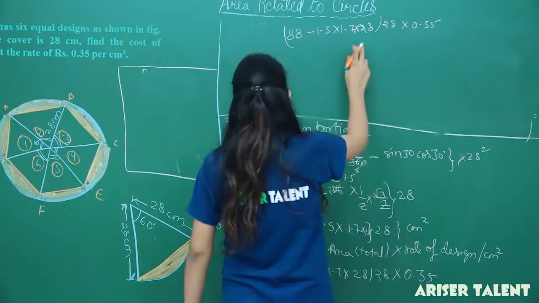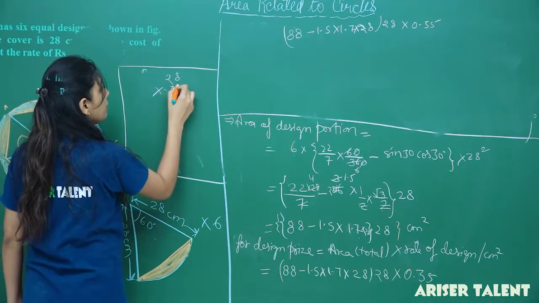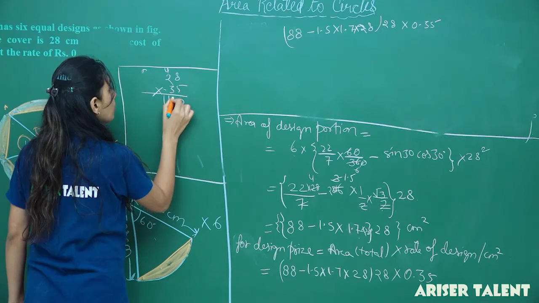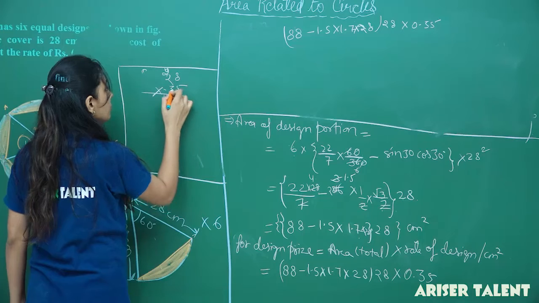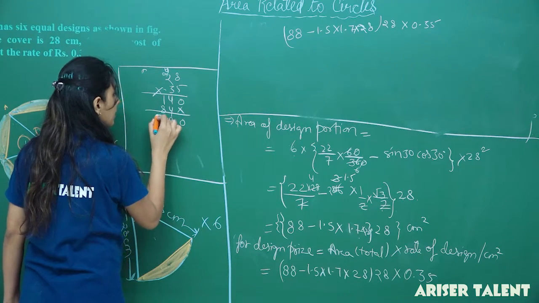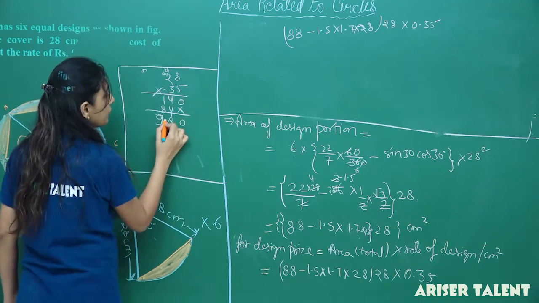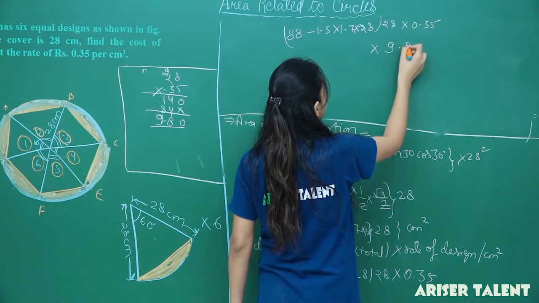Okay students, so in the rough I am going to calculate this 28 times 35, that will give you 980. Okay, now 2 portion here, so that will be 9.8. So that whole multiplied by 9.8.